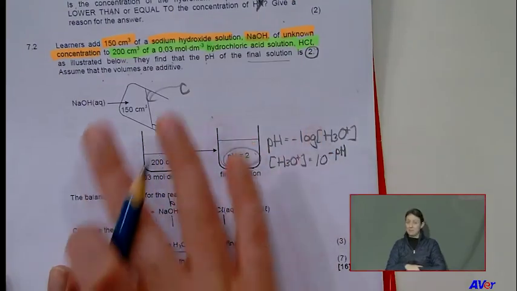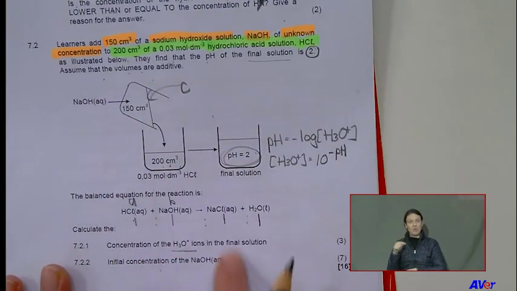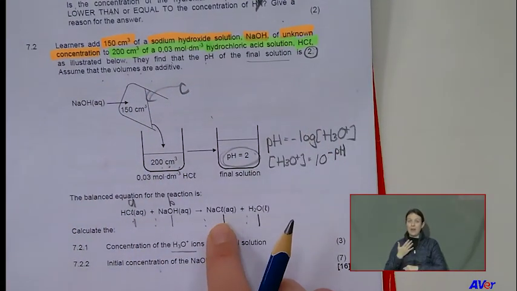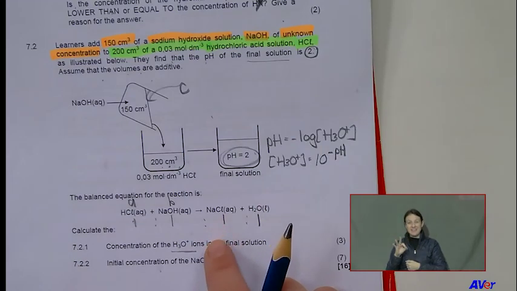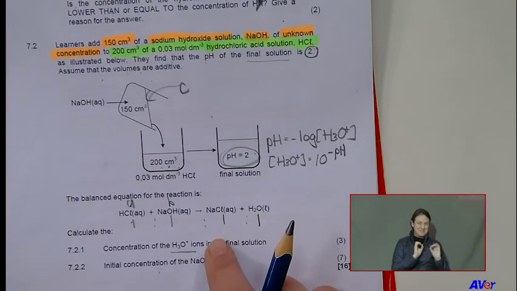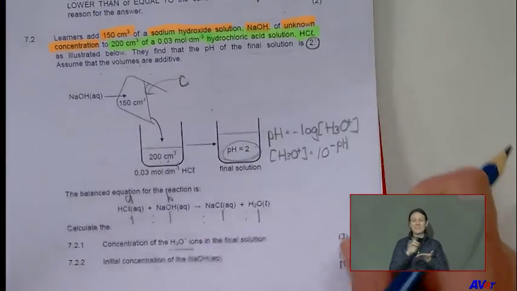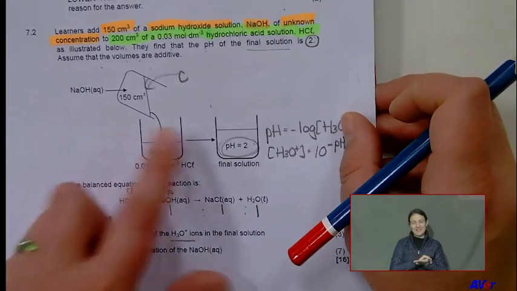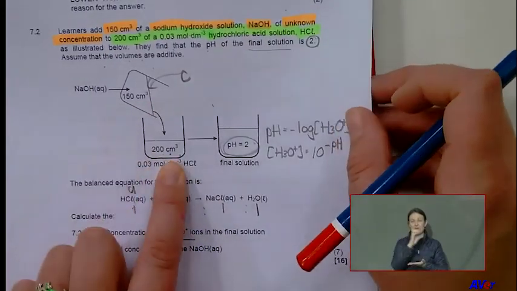Okay, because remember, this is a neutralization reaction. This is a neutral salt. So if there's more hydronium that's now left, it means that some of the acid did not react. So what we want to calculate here now is actually the initial concentration over here.